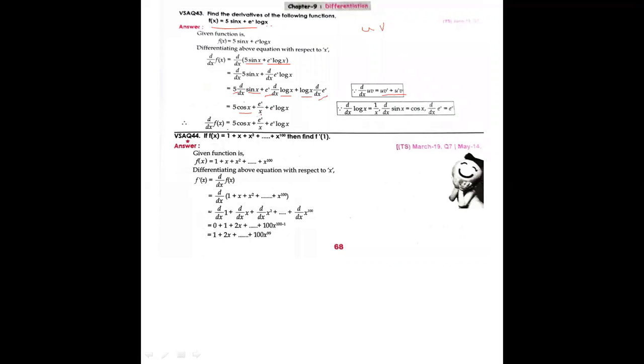So that will be e power x by x plus e power x log x. So finally it will be 5 cos x plus e power x by x plus e power x log x. So here we are applying the u v dash plus v u dash formula.